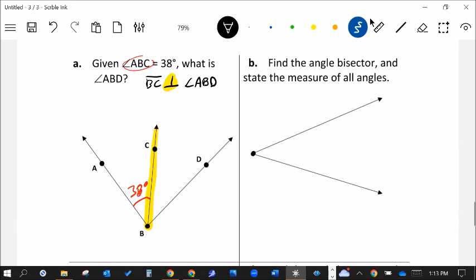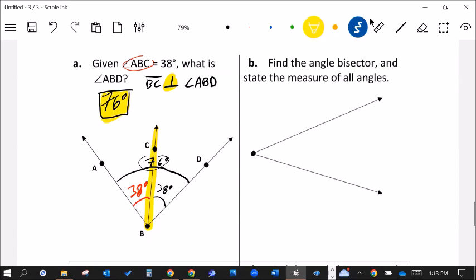If it cuts them exactly in half, that means that the other side is the same. And the overall total is then adding them together for 76 degrees. Right? And we're asked what is ABD. ABD then is the 76, the total of both of them. So I'll put 76 degrees here.